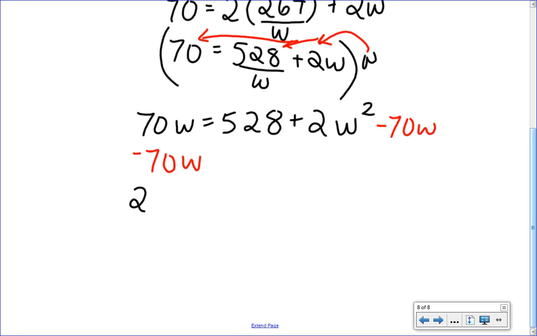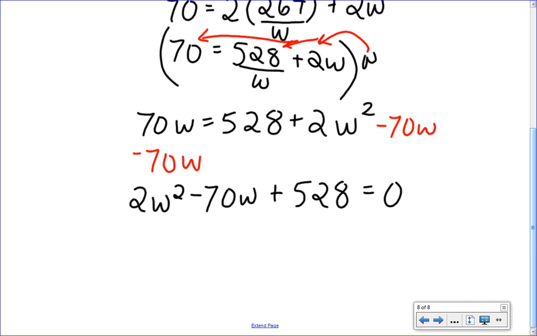So that gives us 2W squared minus 70W plus 528 equals 0. So our A is 2, our B is negative 70, and our C is 528.